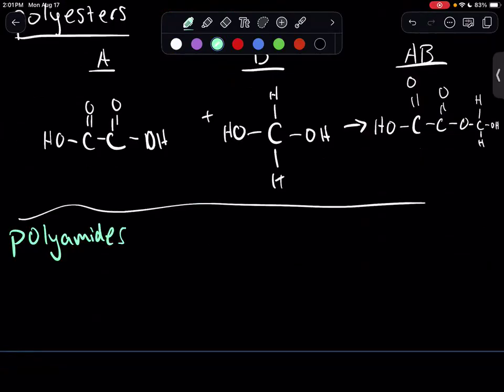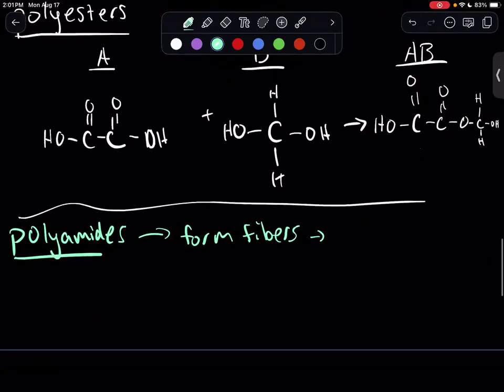Now, polyamides, now that we know our functional groups, let me just first say that these form fibers. So we use them in string and rope, dental floss.